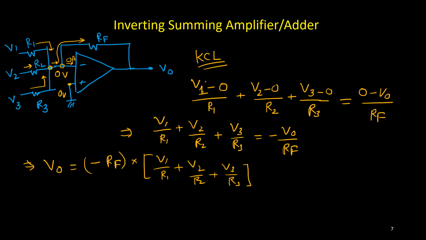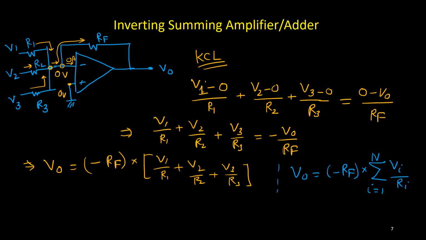Right? So this is for three elements and three inputs. So we can generalize it for many inputs. So generalization would be V0 will be this same factor RF multiplied by the summation Vi upon Ri, where i we can consider 1 to n.